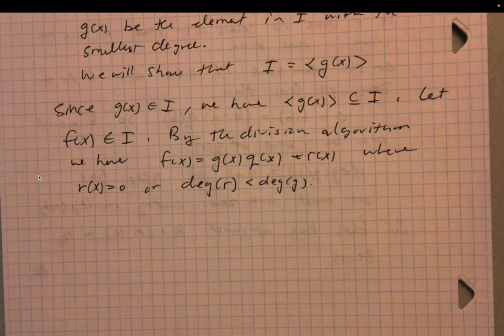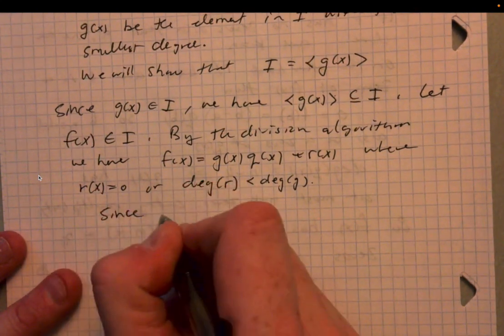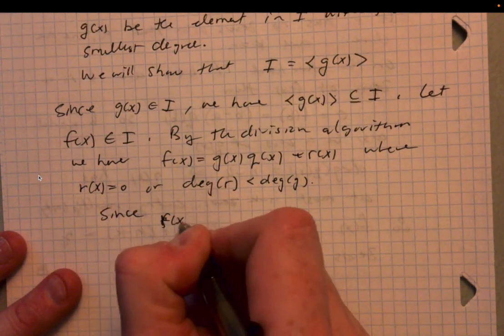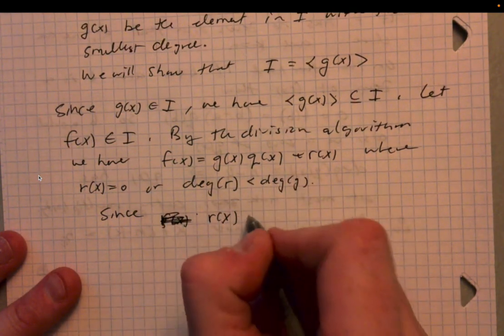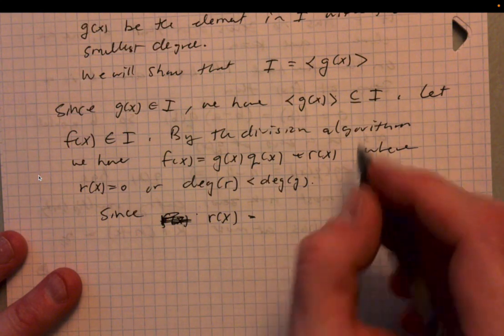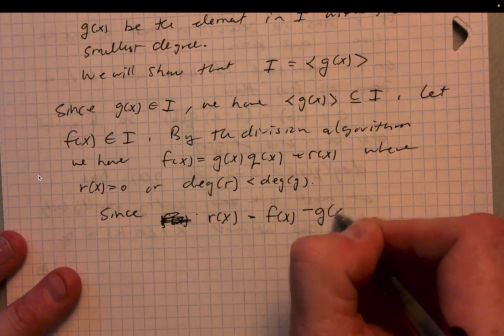So, reversing this, r(x) is equal to f(x) minus g(x)q(x).